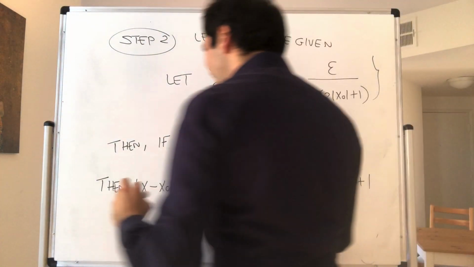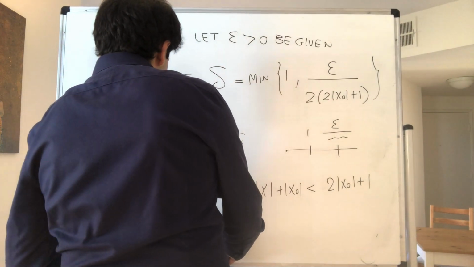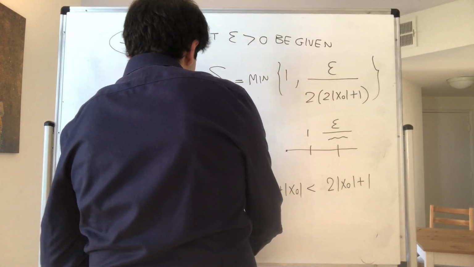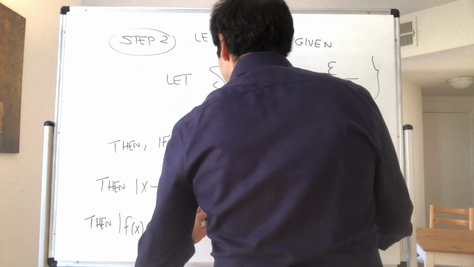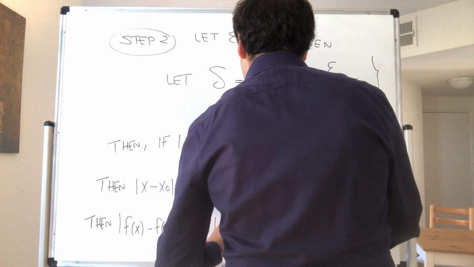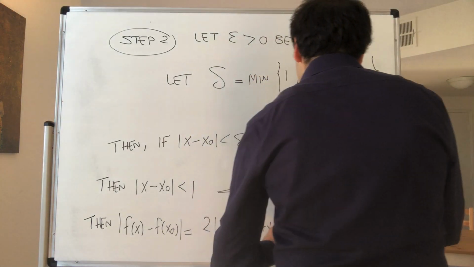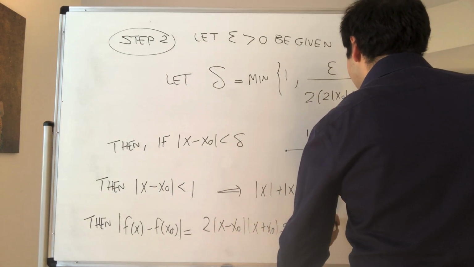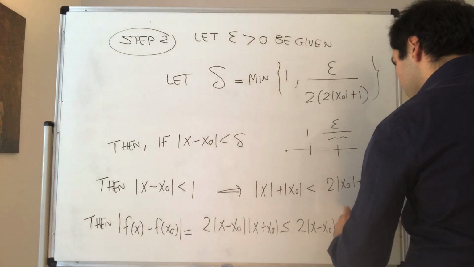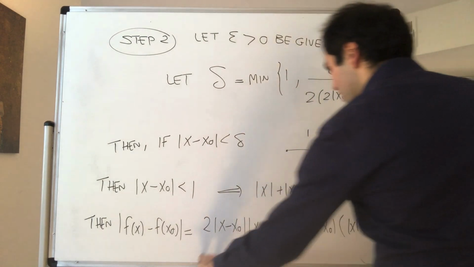And then we find that f of x minus f of x naught, that is, remember, 2 times absolute value of x minus x naught times absolute value of x plus x naught, which is less than or equal to 2 times absolute value of x minus x naught times absolute value of x plus absolute value of x naught.